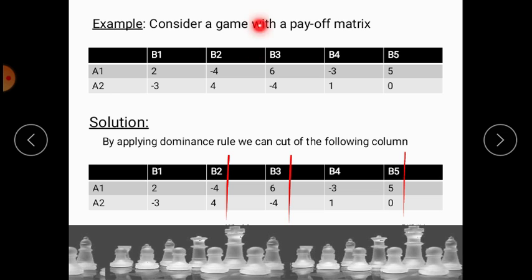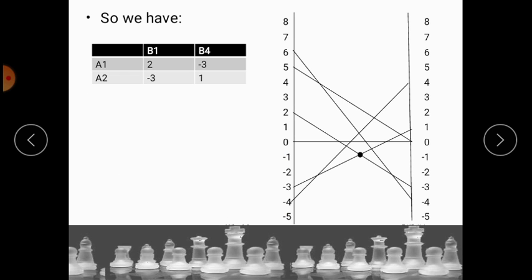Next is the B3 column, with the maximum value, 6 for A1, and A2 is minus 4. So A1 is 6 and A2 is minus 4, so this line.